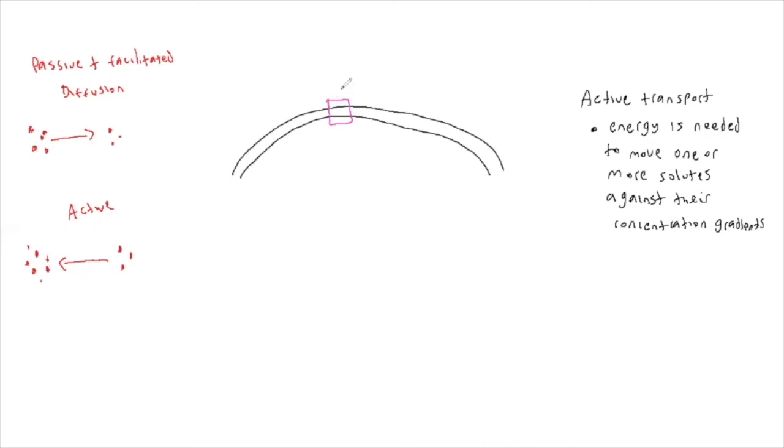Whenever you see a transporter called a pump, that means it is going to move a solute against its concentration gradient. So in primary active transport, one or more solutes move against their gradients.